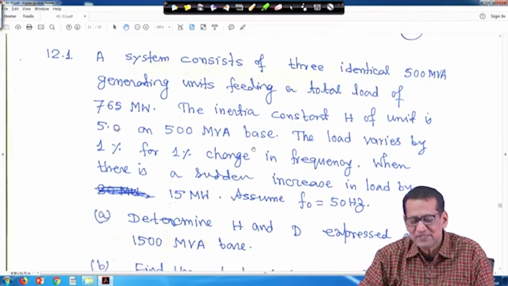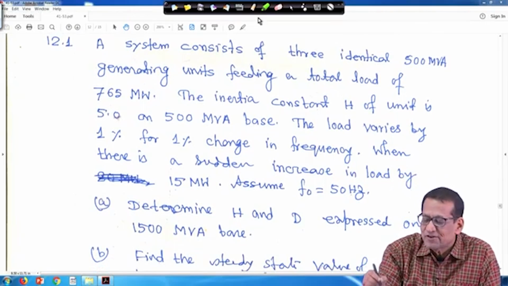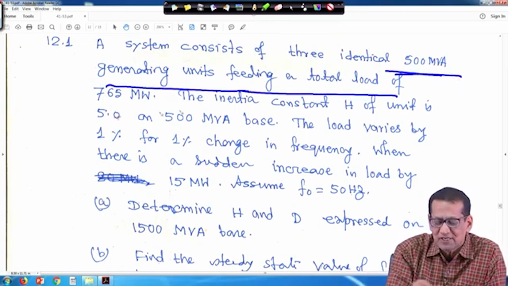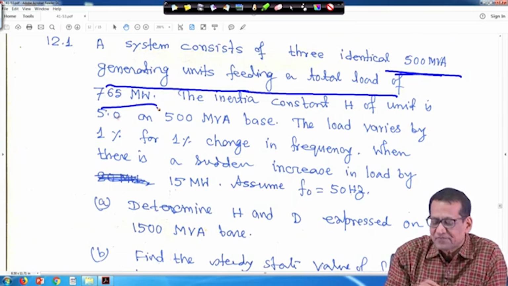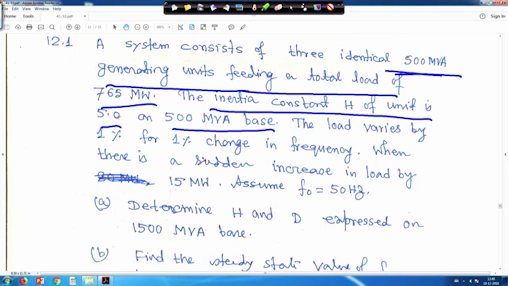So, the first example is that a system consists of 3 identical 500 MVA generating units feeding a total load of 765 megawatt. The inertia constant H of the unit is 5 on 500 MVA base, that is 5 seconds actually. The load varies by 1% for 1% change in frequency.